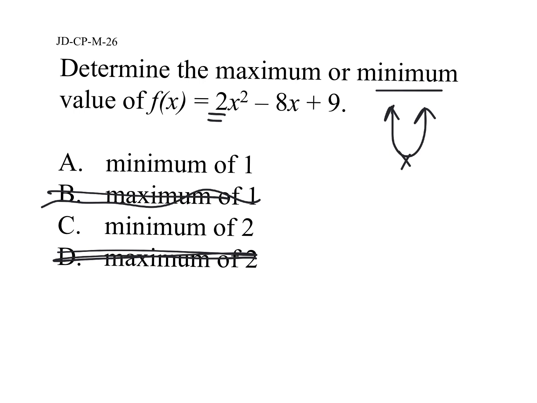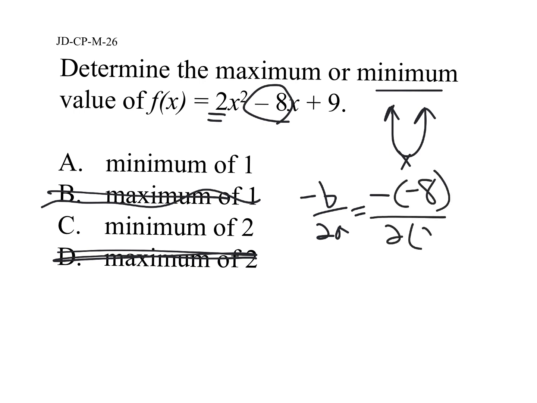What we need to do is find our vertex, actually, then. So negative b over 2a, b is -8. So negative of -8 over 2 times 2. So that's 8 divided by 4 is 2. So we have 2 something.